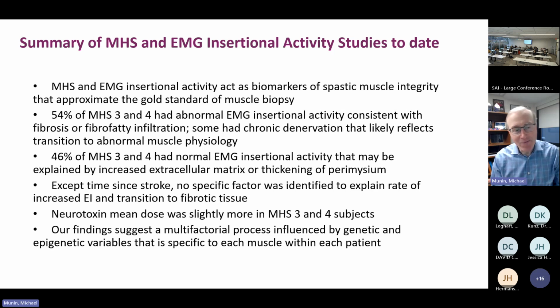It wasn't statistically different, and so we're not quite sure what to make of that. Our findings do suggest a multifactorial process influenced by genetic and epigenetic variables that appears to be specific to each muscle within each patient, because it turns out certain muscles like the medial and lateral gastrocnemius and the popliteus are much more likely to show changes than, let's say, the FDS, the flexor digitorum superficialis.